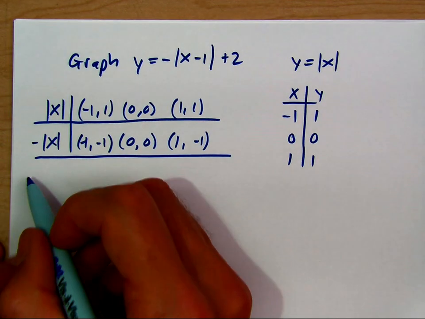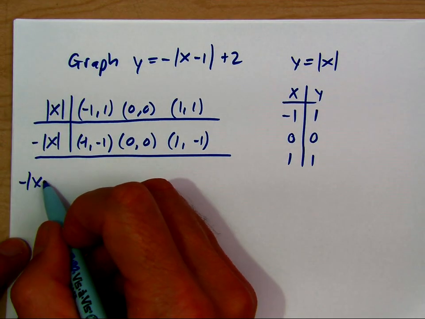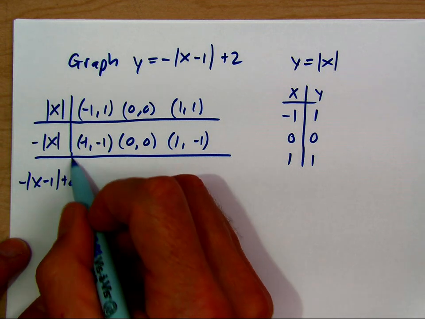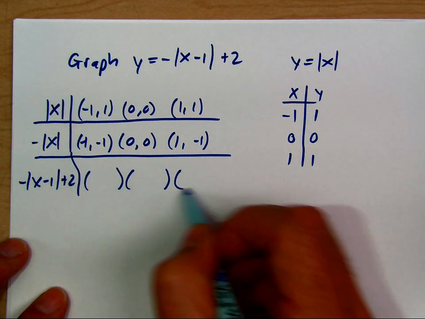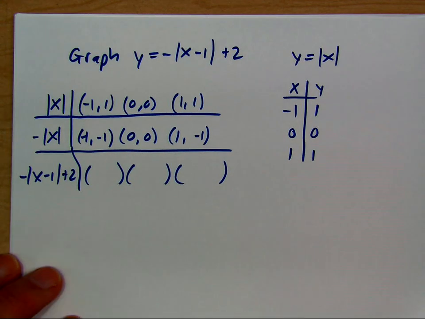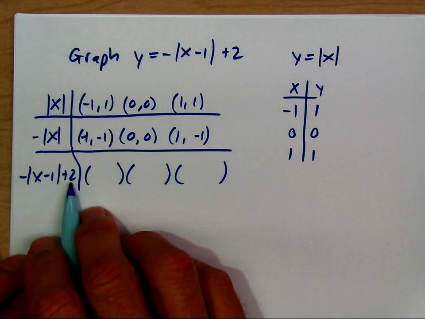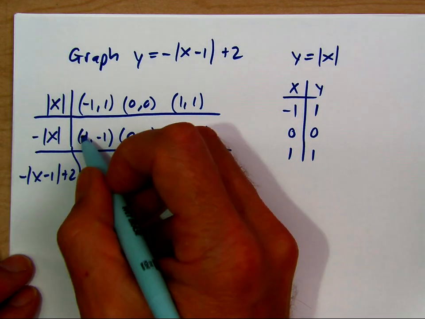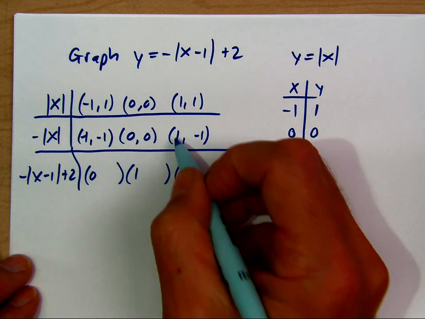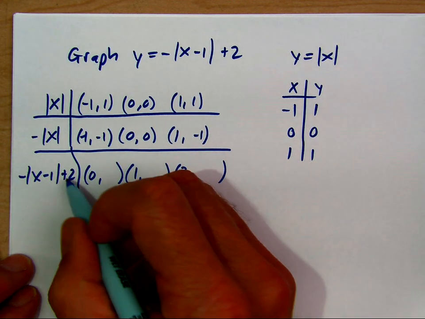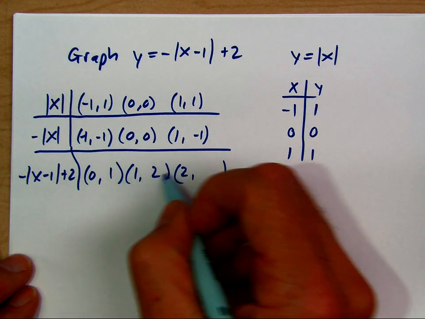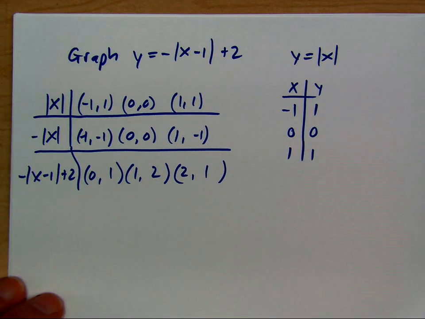Now we'll do the translations. And we're going to add 1 to the x values and add 2 to the y values. Add 1 to the x, add 1 to the x, add 2 to the y, and graph.